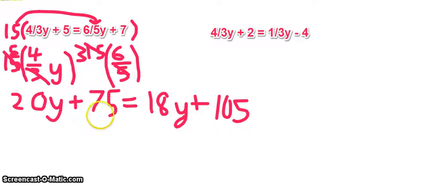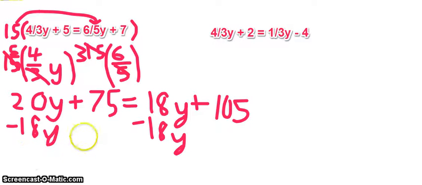And then all you do from there is subtract over the 18y on both sides of the equation. Subtract over the 75 on both sides of the equation to make it stay equivalent.